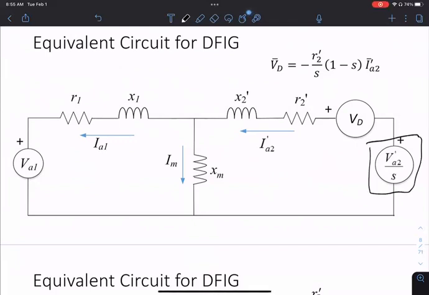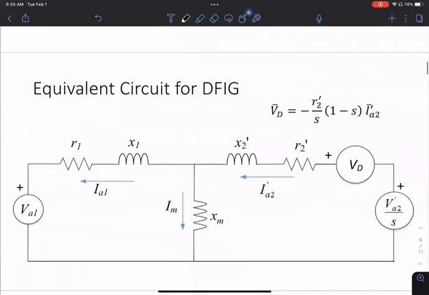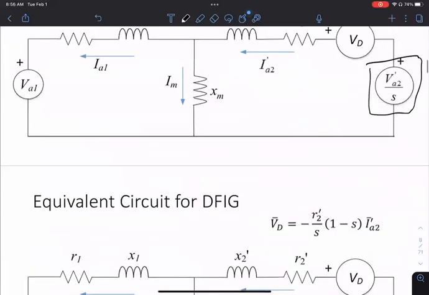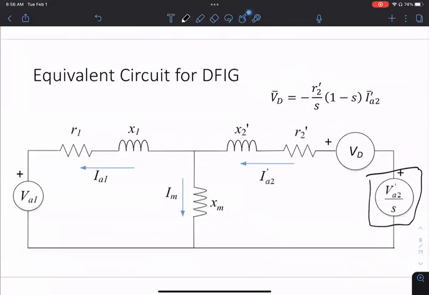This is our PR. So you think about power flow, this is the power coming from the power electronics side. Again, this could be positive or negative. There's no predetermined sign for this. This could be positive or negative coming from the power electronics side.